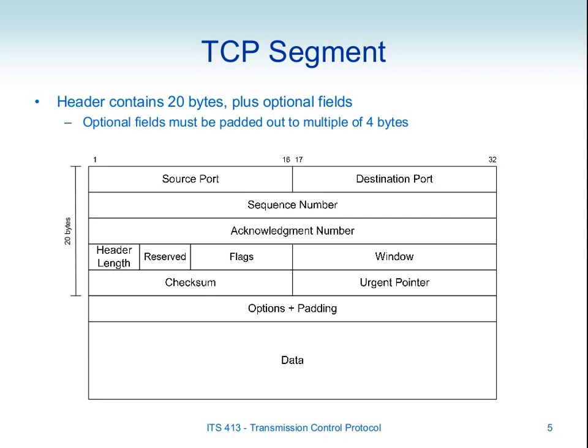Some other things that we have: the header length is just an indicator of how long our header is, which is important if we include options, because it will be larger than 20 bytes. Reserved or not used. There are some flags. The flags are just 1-bit values. When the bit is binary 1, it means that feature is on. The flag is up.